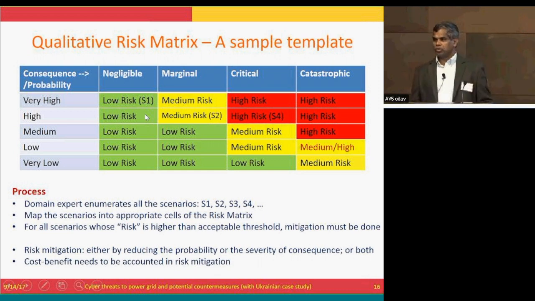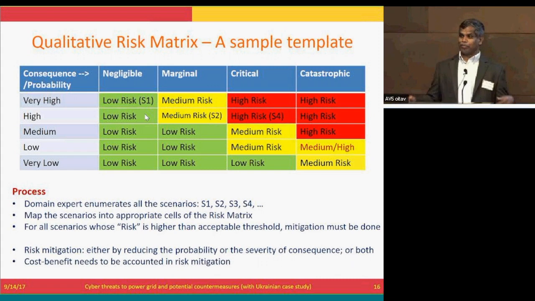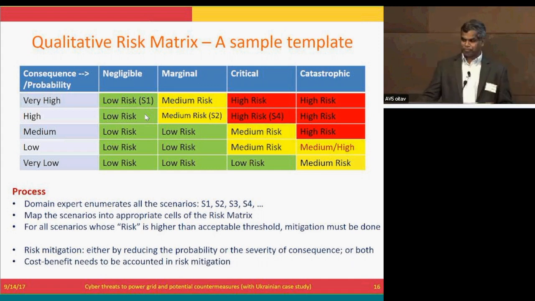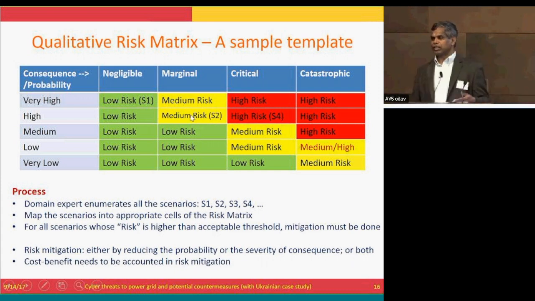How do I do that? There may be additional capacity or redundant lines available in the physical system. We could potentially utilize them to mitigate those risks. So essentially, moving in the y-axis refers to investment in the cyber layer. Moving in the x-axis refers to investing in the physical layer to reduce the consequence.